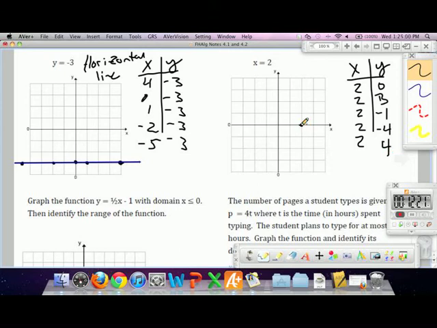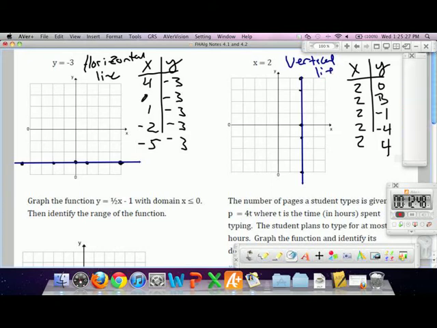This gives us a vertical line. It's perpendicular to that horizontal line. I just picked those y values; you pick whatever you want. I picked some that you can graph on that line. X equals equations are vertical lines through whatever value of x.